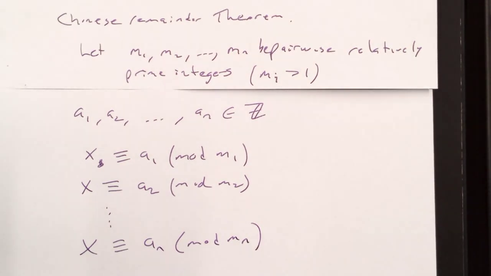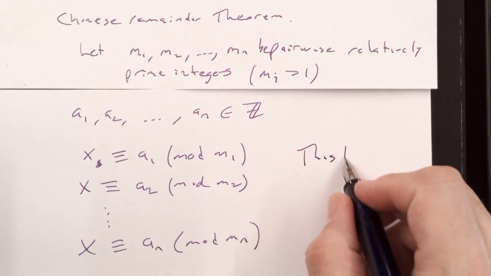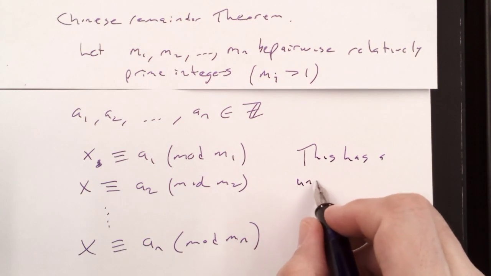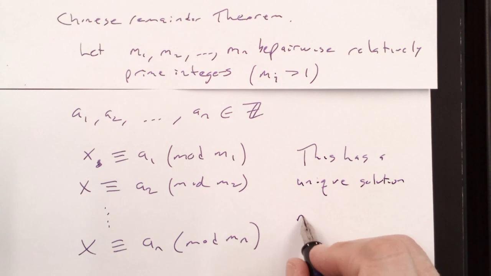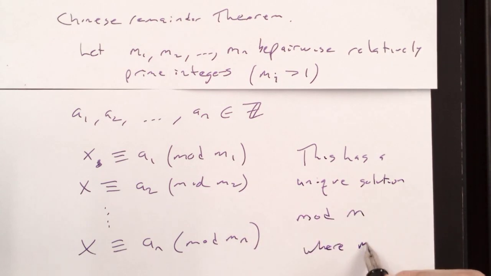This must have a unique solution mod m, where m is the product of all of those little mi's.